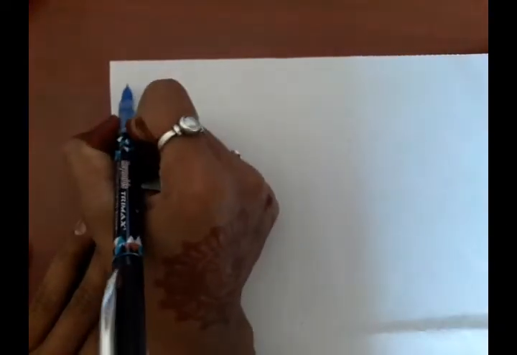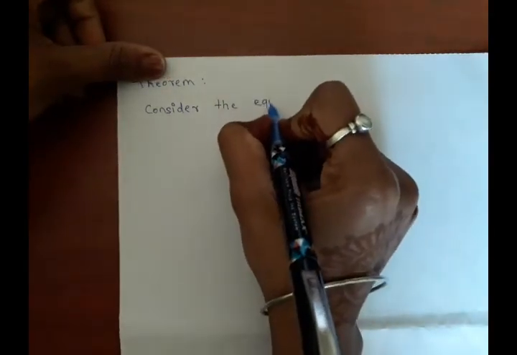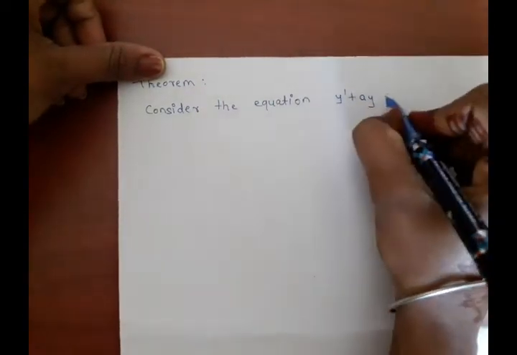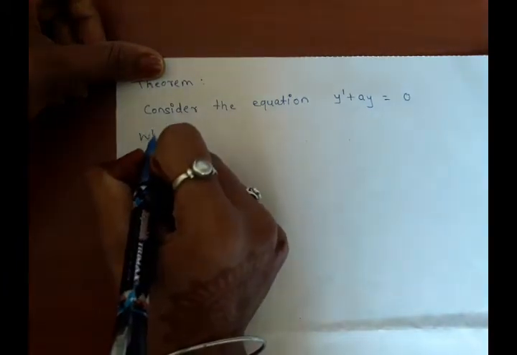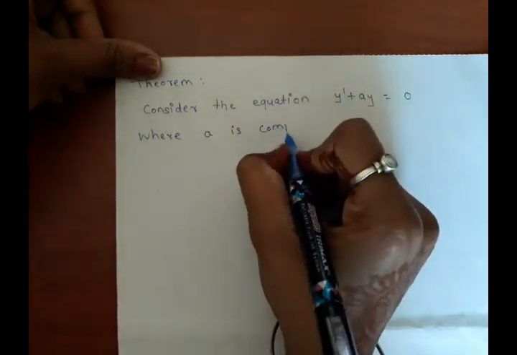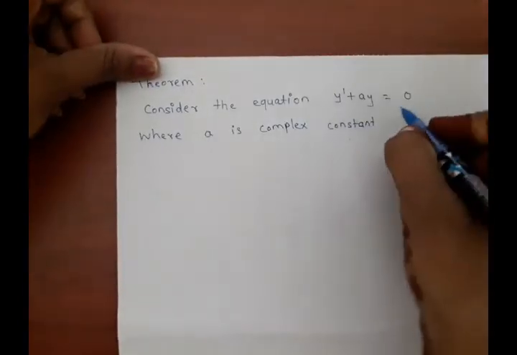So, the statement of the theorem is: consider the equation y' + ay = 0, where a is a complex constant.